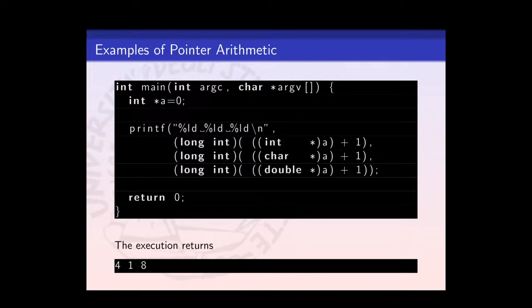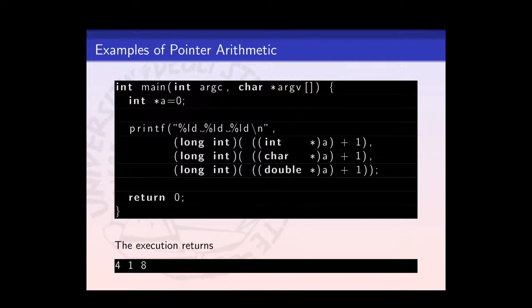Why? Is it because, to represent the same number in different formats, you need a different amount of memory? Exactly. So let me repeat it for the guys at home. This is because to represent an integer you need 4 bytes, to represent a char you need 1 byte, and to represent a double you need 8 bytes, at least in my system.